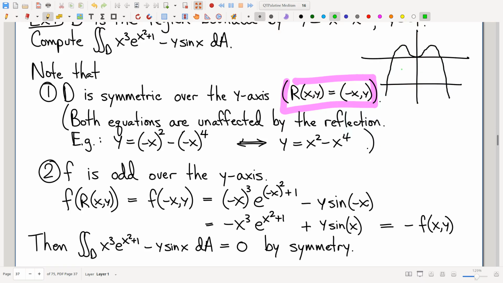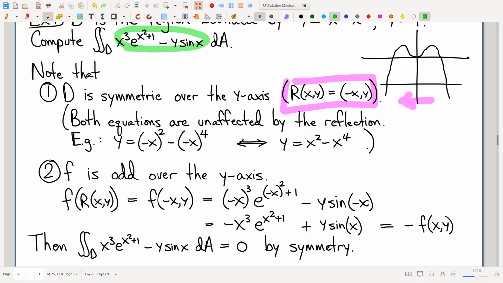So, keeping in mind that our reflection is just going to negate the x. Here's how you reflect over the y-axis. And our big question is: is this function odd? At a quick and casual glance, it's really hard to tell, right? It doesn't leap off the page.